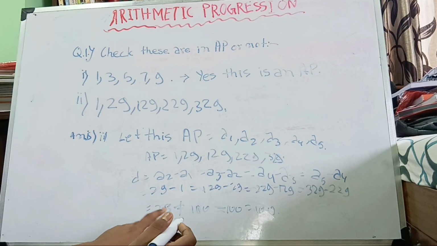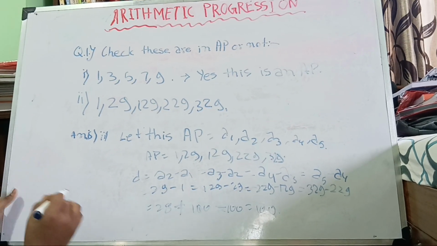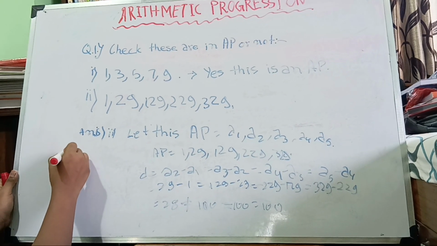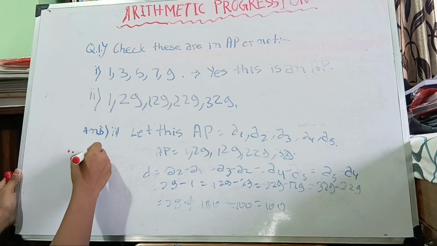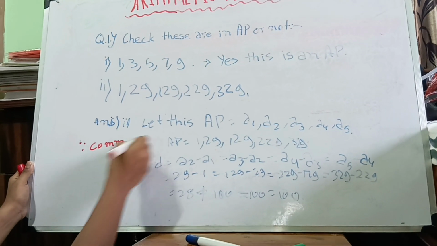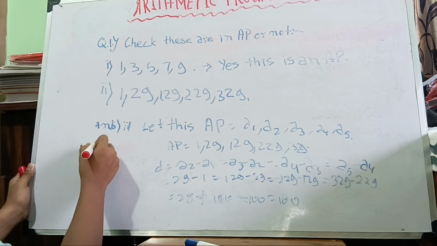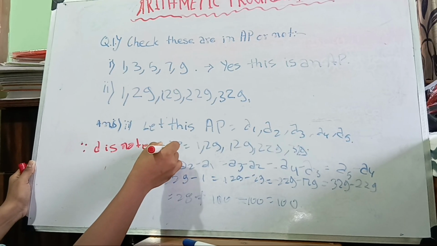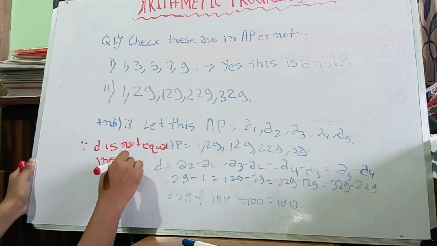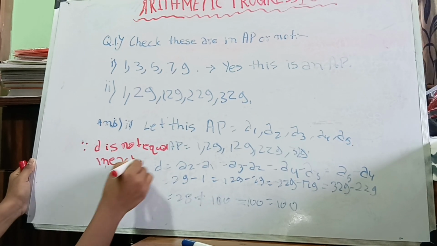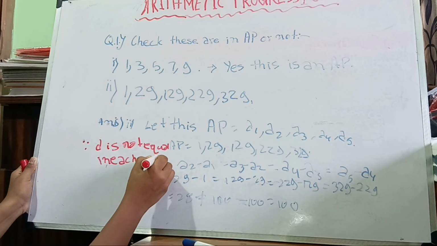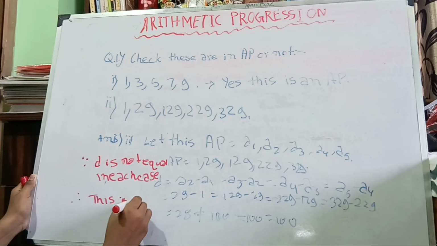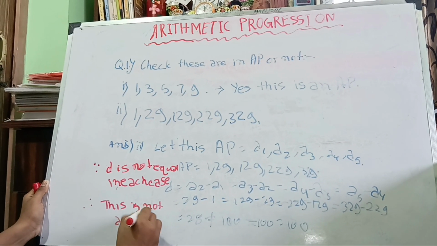Since the value of a2 minus a1 is 28 and a3 minus a2 is 100, we can say that since the common difference d is not equal in each case, therefore this is not an AP.